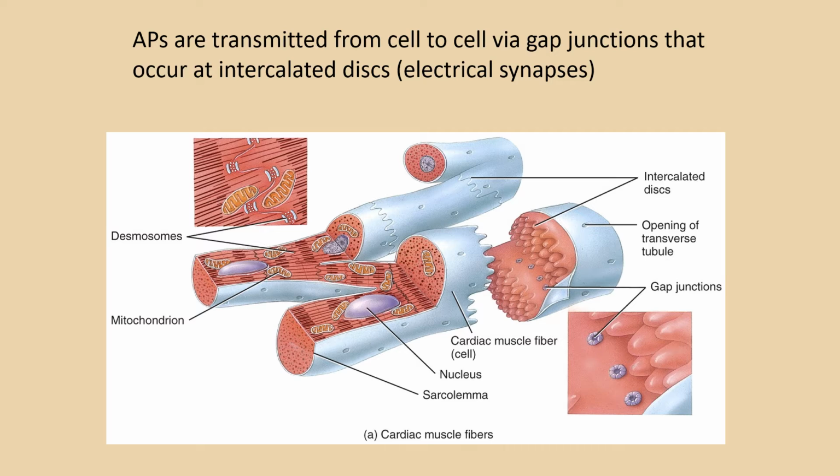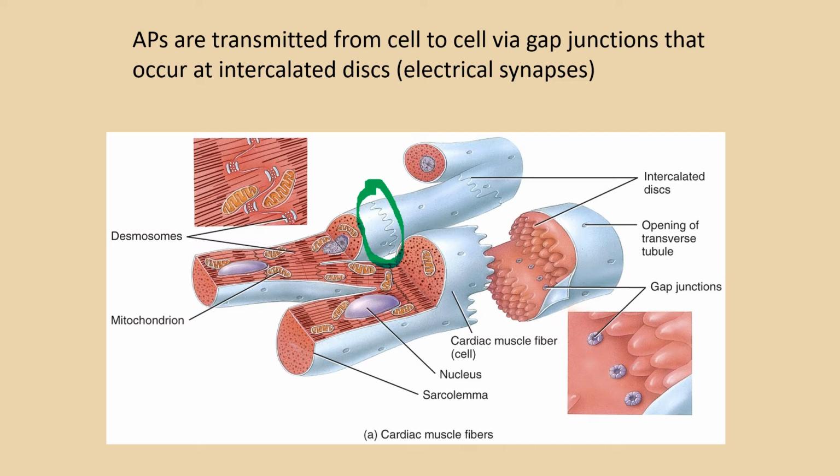In this diagram, we can revisit the structure of cardiac muscle cells. And this applies for both the autorhythmic fibers and the contractile fibers. Heart muscle cells are joined together at a structure called an intercalated disc. And so this structure right here is an intercalated disc.